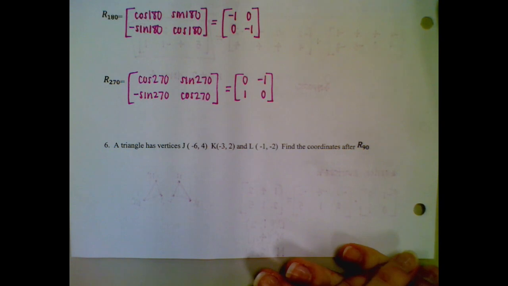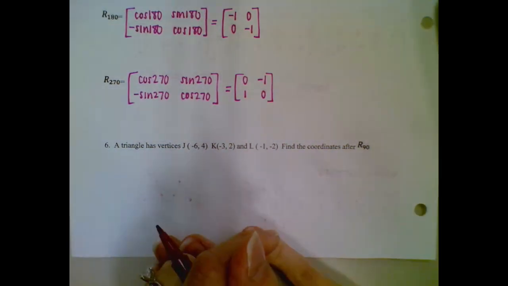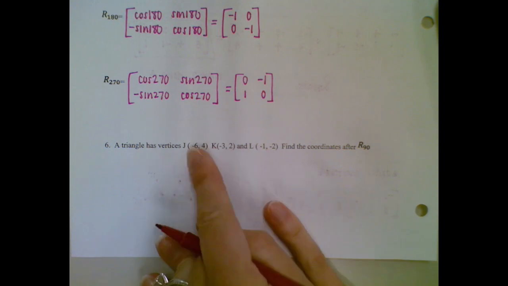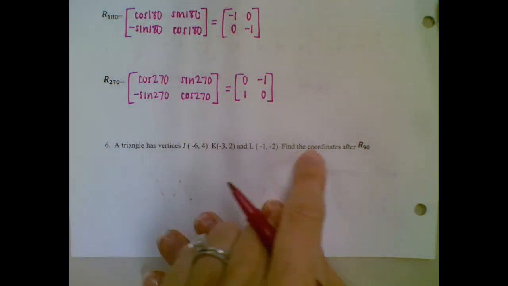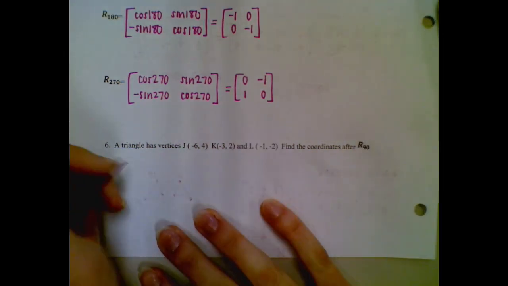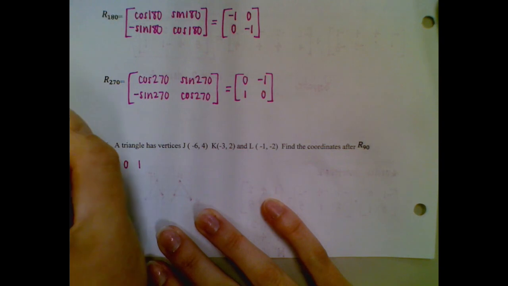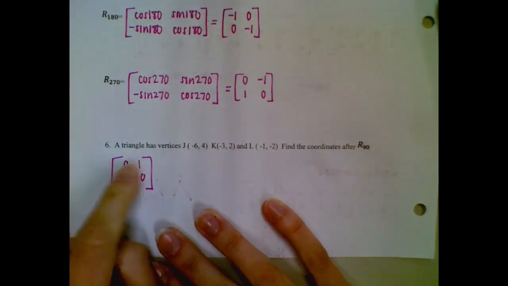So number 6, it says a triangle has vertices J, K, and L. Find the coordinates after the rotation of 90 degrees. So again, our order does matter. This will give us a 2 by 3 matrix. I do need to put the rotation matrix of 90 out in front then. So 0, 1, negative 1, 0, because order matters when you multiply matrices, right?